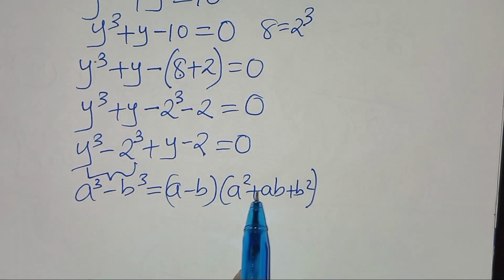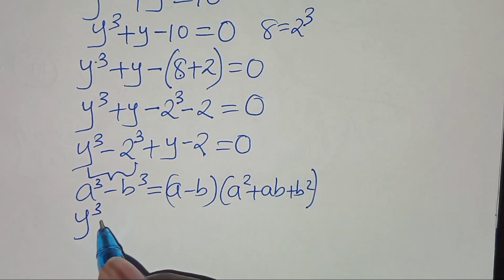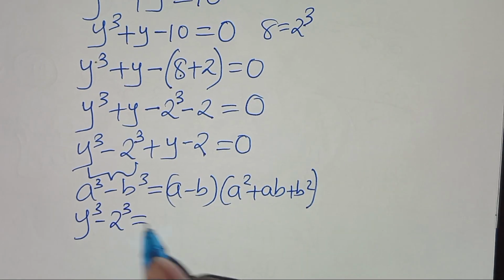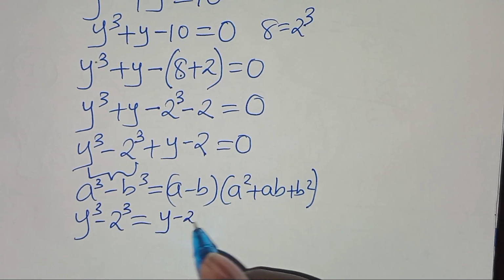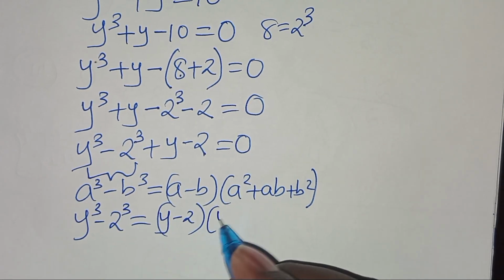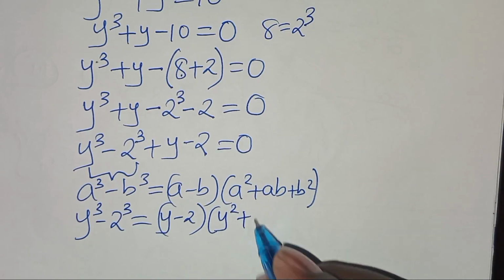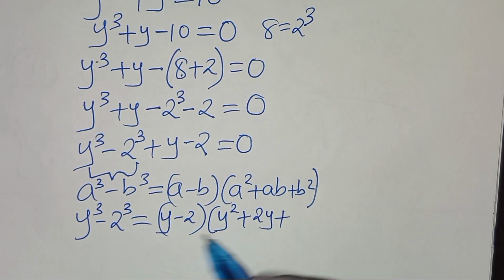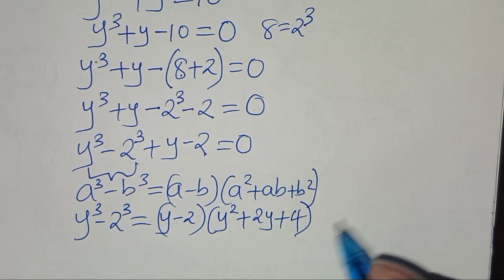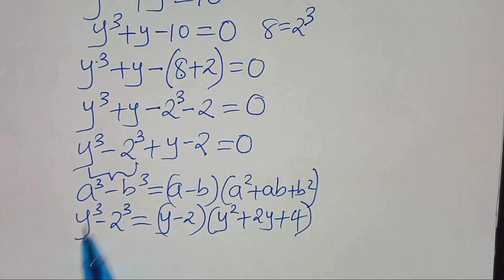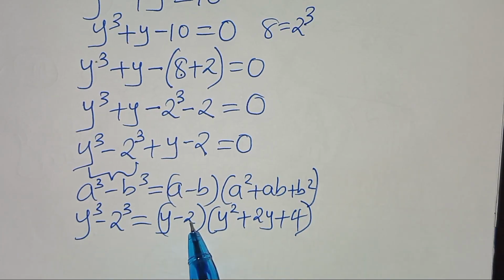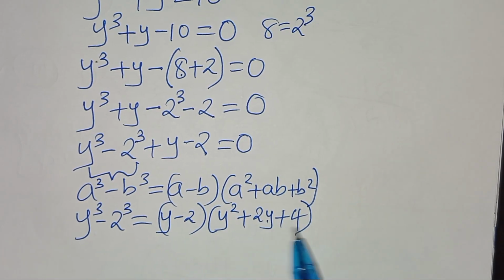Applying this property, y to the power 3 subtract 2 to the power 3 can be expressed as y minus 2, times y squared plus 2y plus 4. Alright, so now we have y cubed minus 2 cubed as y minus 2, y squared plus 2y plus 4.